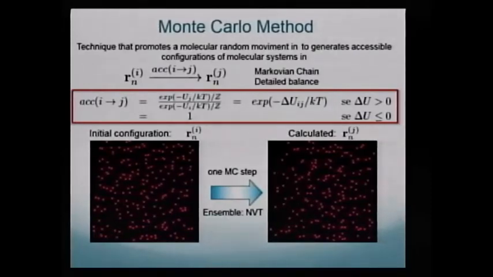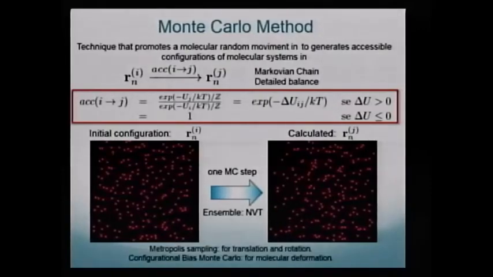Everybody understands here the difference between Monte Carlo and molecular dynamics. In principle, they can solve the same problem. Monte Carlo cannot give any information about the dynamics, but it's a much simpler system, okay? If you want to translate and rotate, this is the method that I showed you.